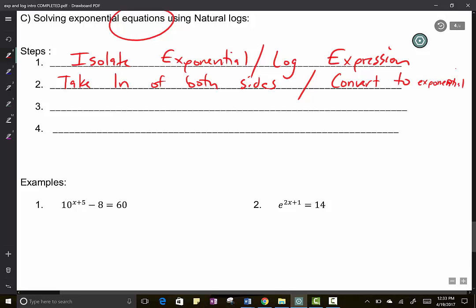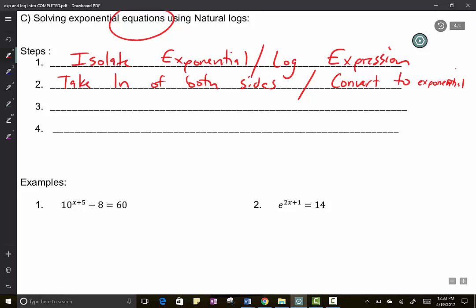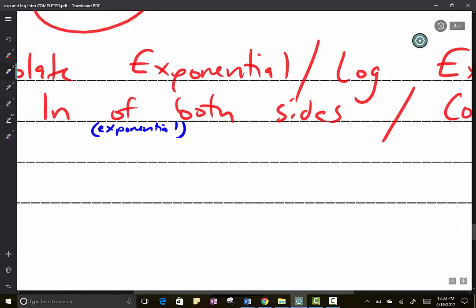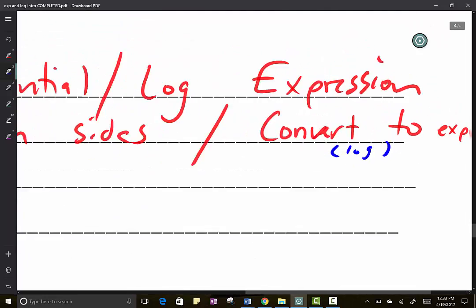So if it's in exponential form, then you're going to do this. If it's in logarithm form, you're going to do that. I know that's small. The little blue word says exponential, and this little blue word says log.